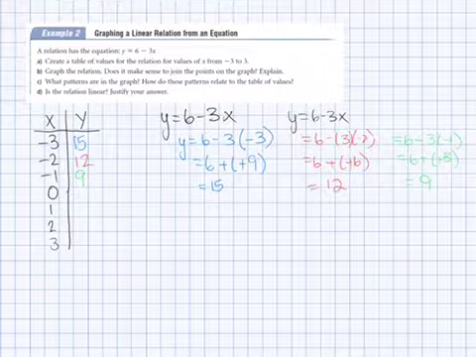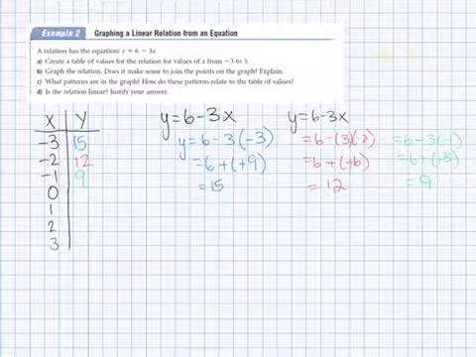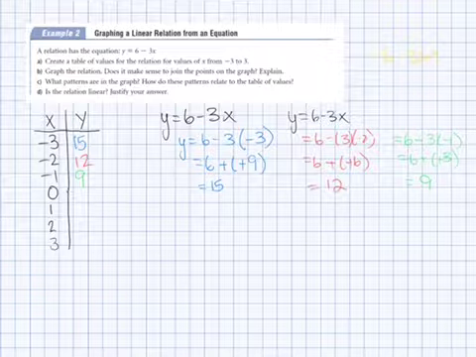You might start to see a pattern forming here. I'm just going to do one more. What happens when x is equal to 0? Well, that just cancels off. We have 6 minus 0, because 3 times 0 is 0, and we're left with 6.